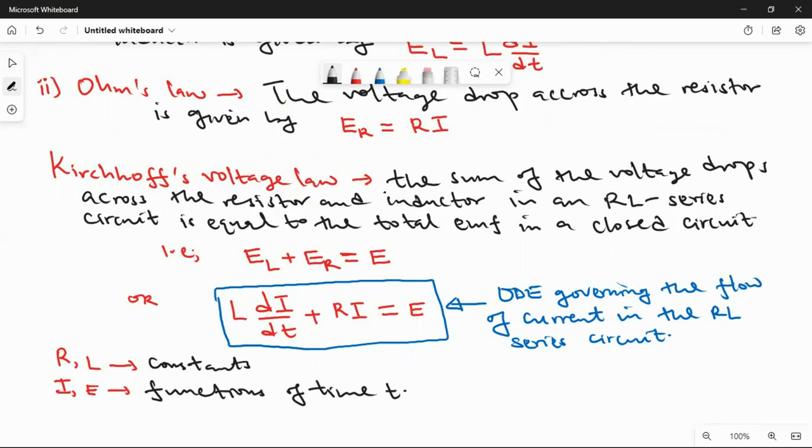So that is a first order ODE. It is linear in the dependent variable I. And so you can solve it using the integrating factor method.